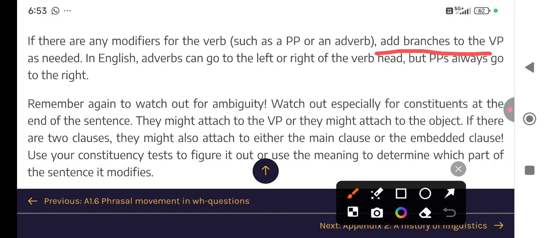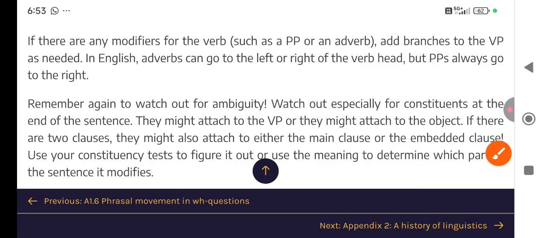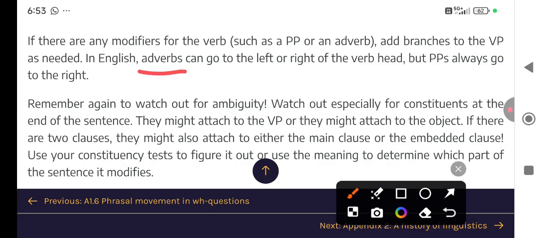So we have to add branches to the verb phrase as needed. In English, adverbs can go to the left or right of the verb head. So an adverb can be added anywhere, either before the main verb or sometimes after.